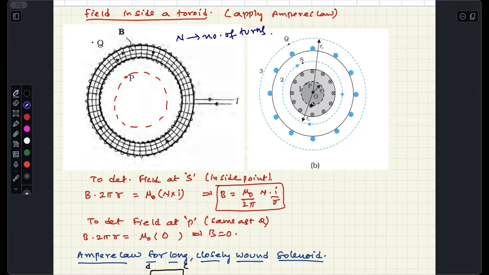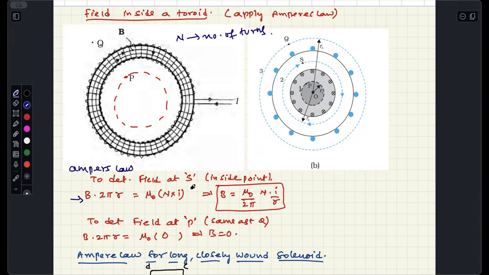N dots, which is equal to mu naught times N I. So Ampere's law is applied. B times 2 pi r is mu naught N I. Therefore, B is mu naught by 2 pi times N I by r. This is the expression for the field inside a toroid.